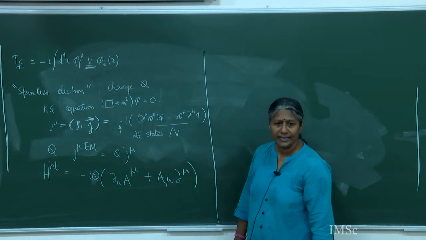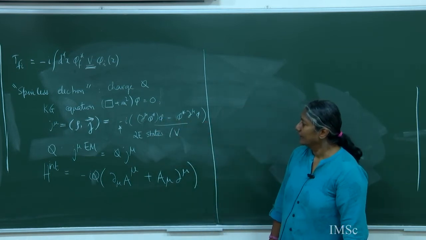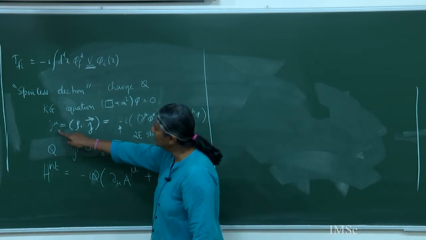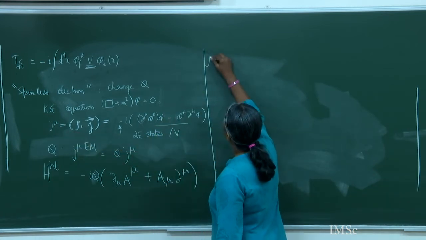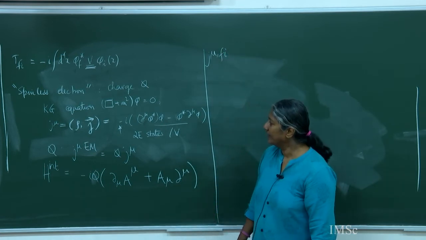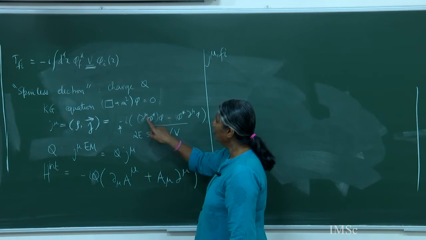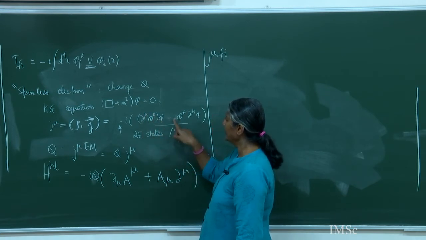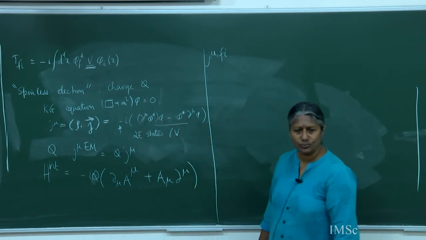We identified that as being an object which is similar to this current J mu, but what we call J mu fi, because it had d mu phi f star phi I minus phi f star d mu phi I. Is this what we got?